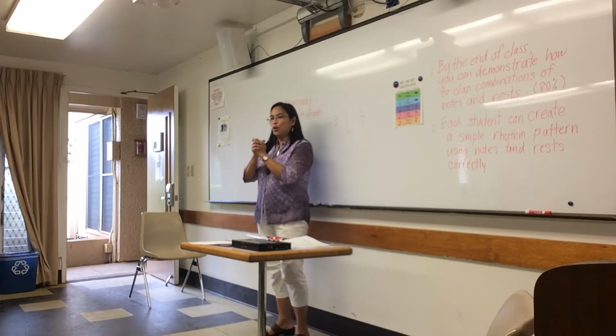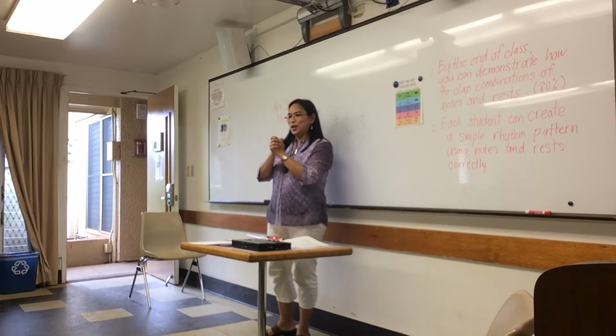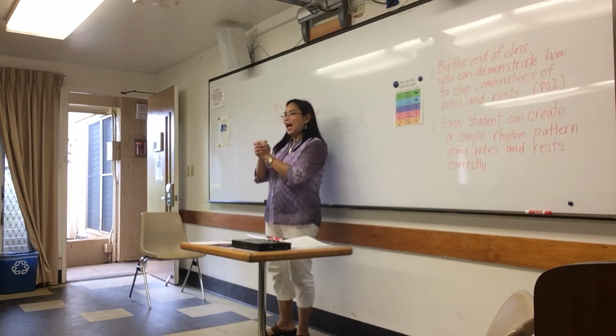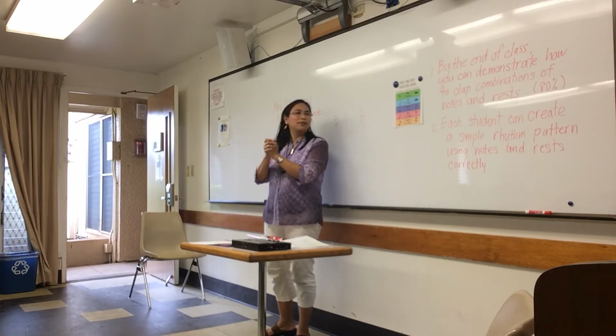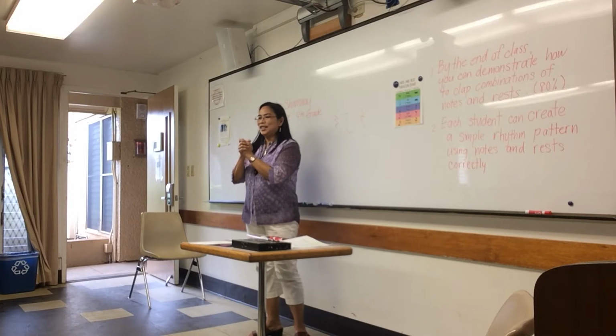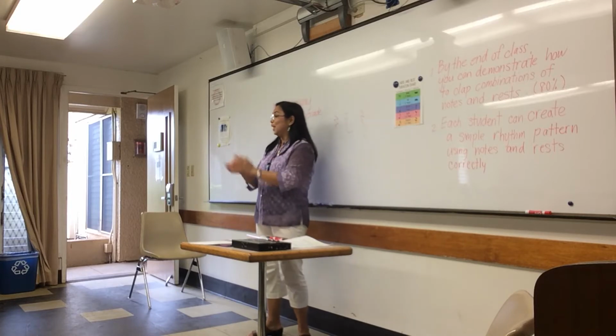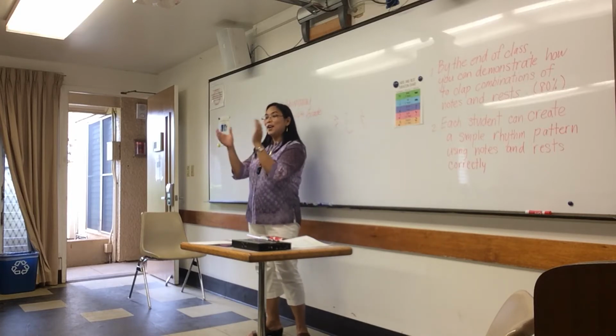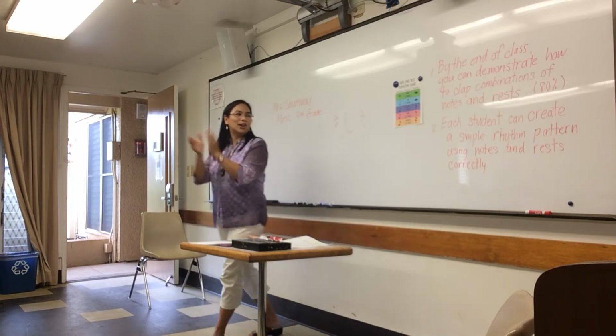Whole note, hold it. 1, 2, 3, 4. Half note, half note: 1, 2, 1, 2. Half note, half note: 1, 2, 1, 2. Okay, and then the quarter note will be 1, 1, 1, 1.